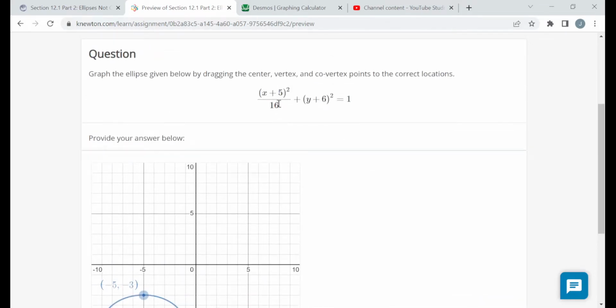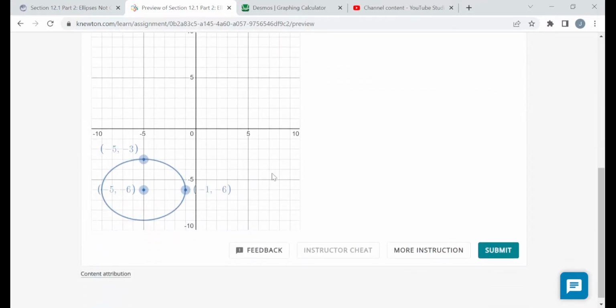Under the x term, there's a 16, which is 4 squared. So the value of 4, I'm going to move right or left 4 units for points on the ellipse. So here's -5, -6. If I move to the right 4, 1, 2, 3, 4, there's -1, -6. On the other side should be -9, -6.